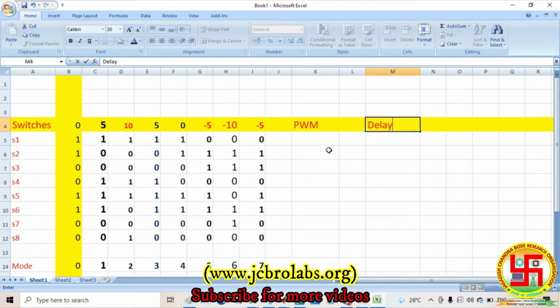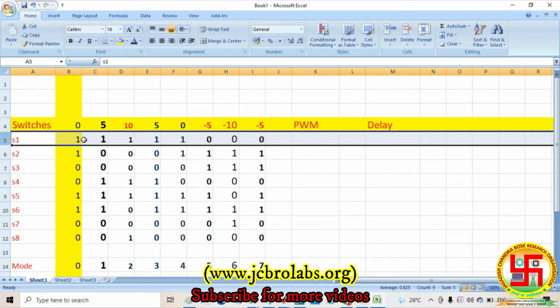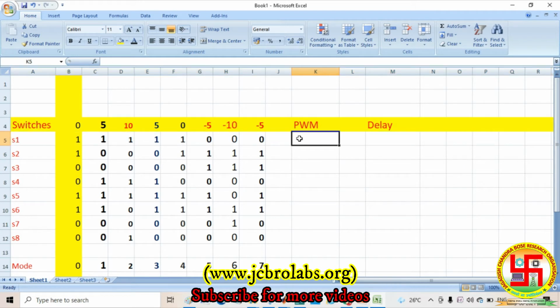These two we need to calculate for all the switches. For S1, the turn on time is 5 by 8 into 100. This is the pulse width. Initially it starts from 0 itself. Now we need to give the mode of operation, right? So the time period is 0.02 by 8 into the mode of operation.